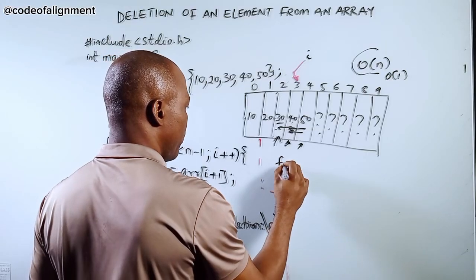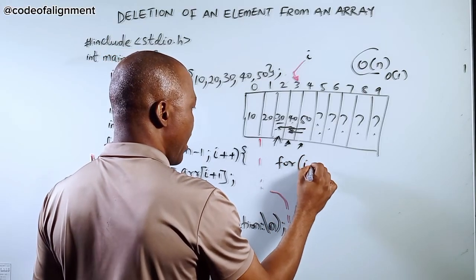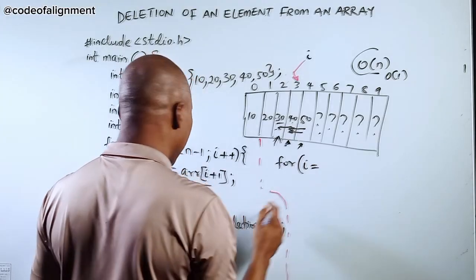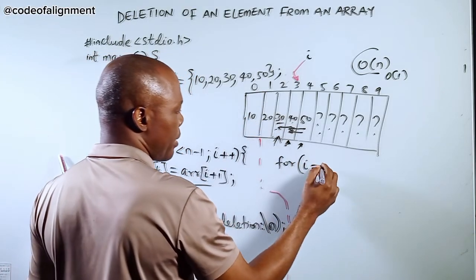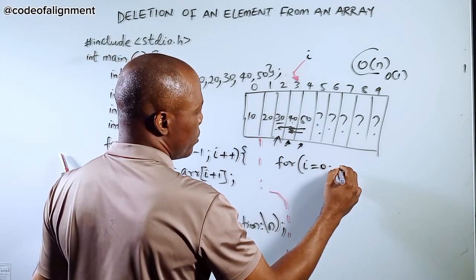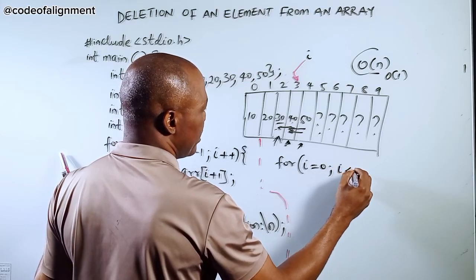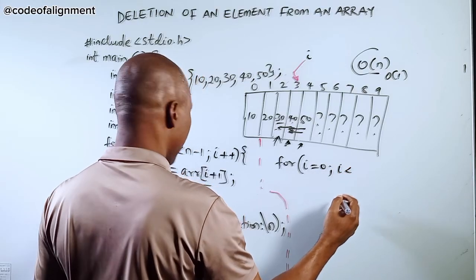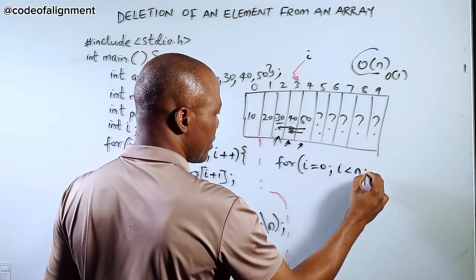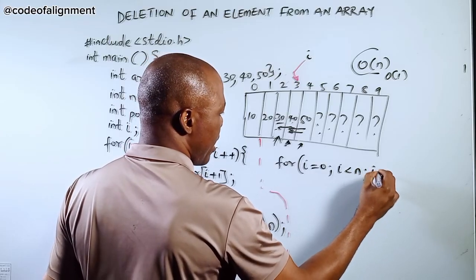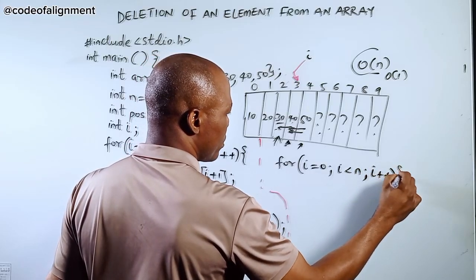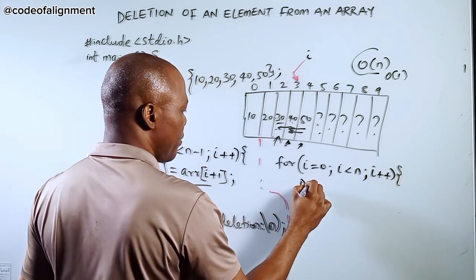So for I assign 0, meaning I'm starting from here. So I less than n, right? I plus plus.